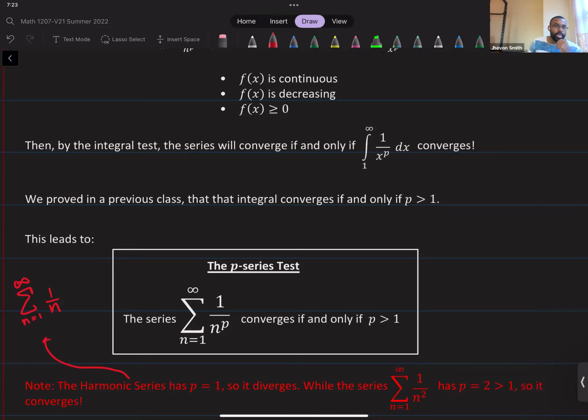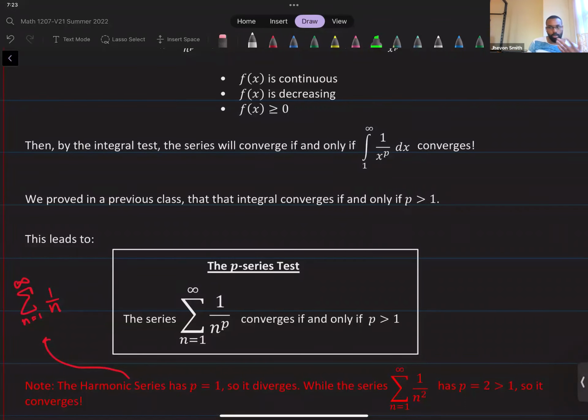In other words, it's a p series where the p is equal to 1. And so by the p series test and by the integral theorem that we have here, that will diverge. However, 1 over n squared, this is like a p series where the p equals 2. And since p is greater than 1, that guy is going to converge.